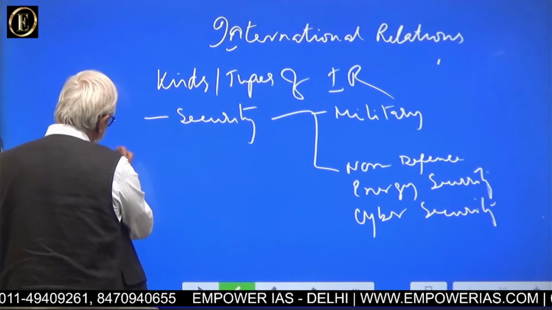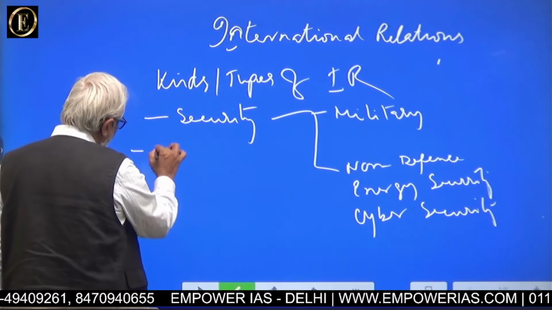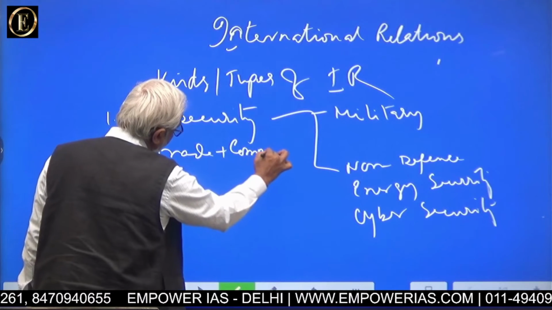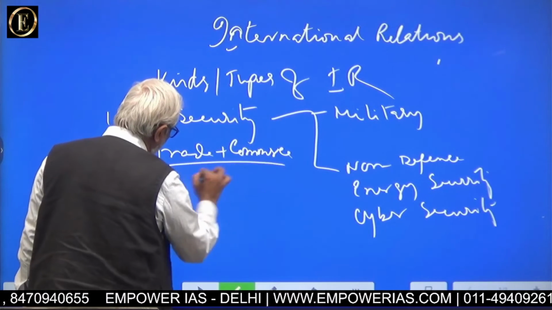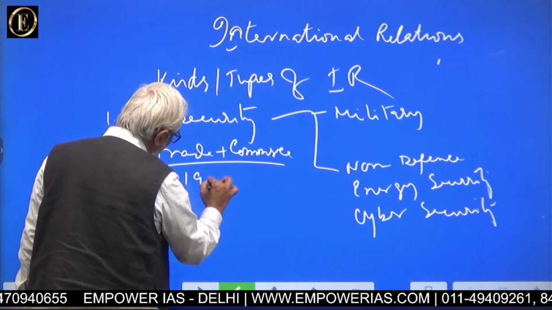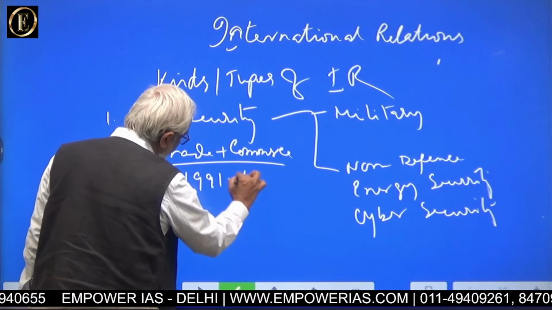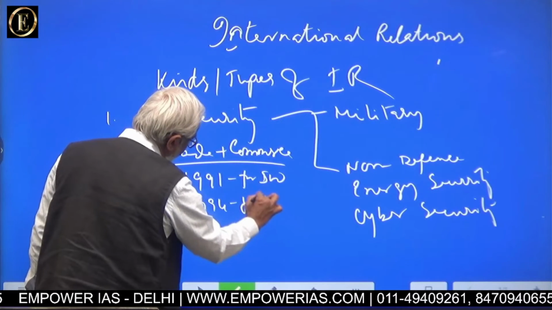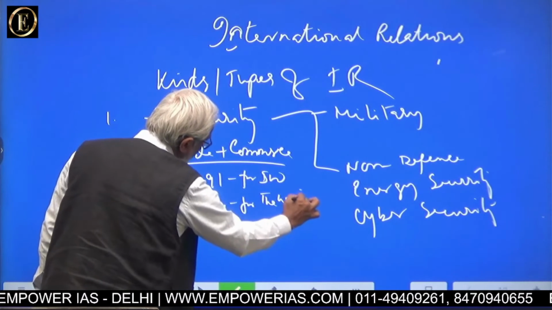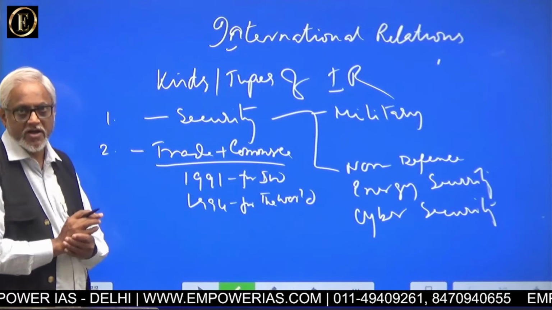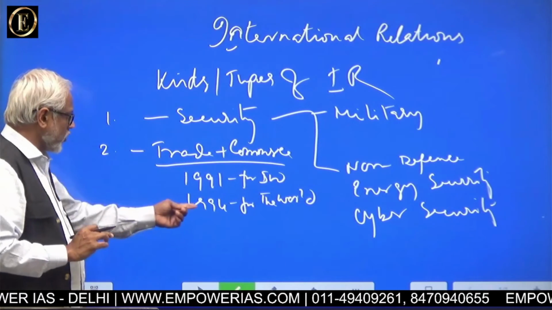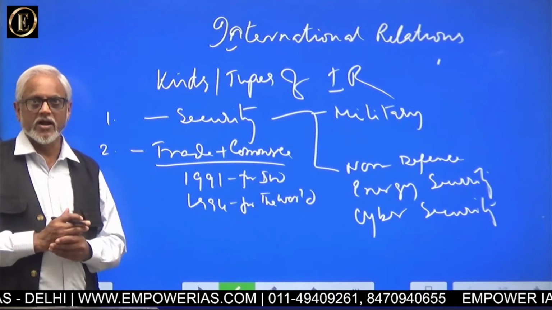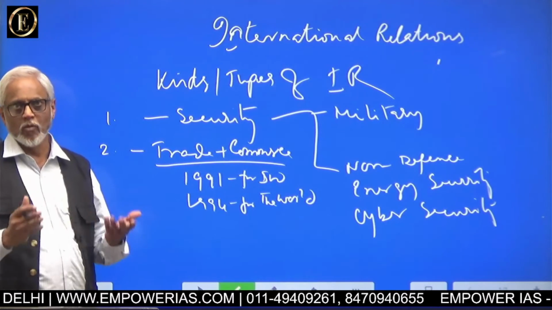That is one. Two is trade and commerce. Trade and commerce has become important from 1991 for India and 1994 for the world, because India embraced liberalization of economy in 1991 and WTO TRIPS came in 1994, therefore it became world liberalization or free trade through globalization impact.